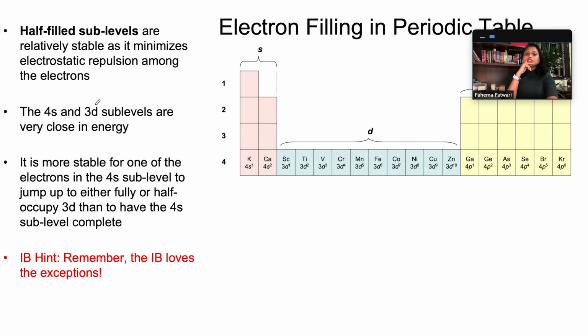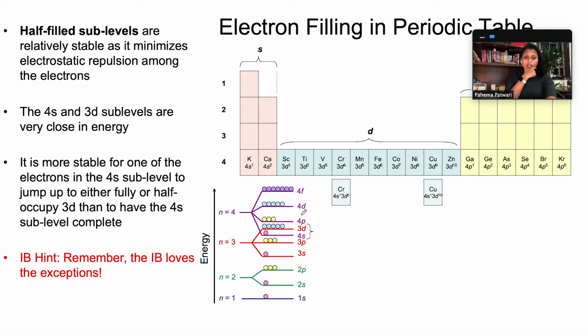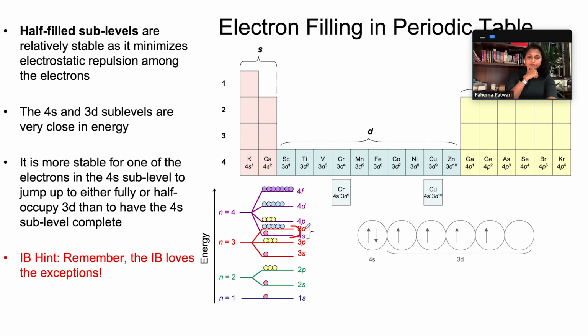Another point to make is the 4s and 3d sublevels. So the 4s and 3d sublevels, you can see, are fairly close in energy, right? There's a big gap between 1s, 2s and 2p, all of these. But 4s and 3d are very similar in energy.